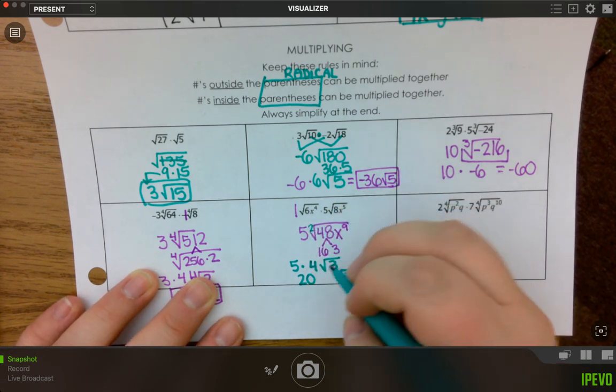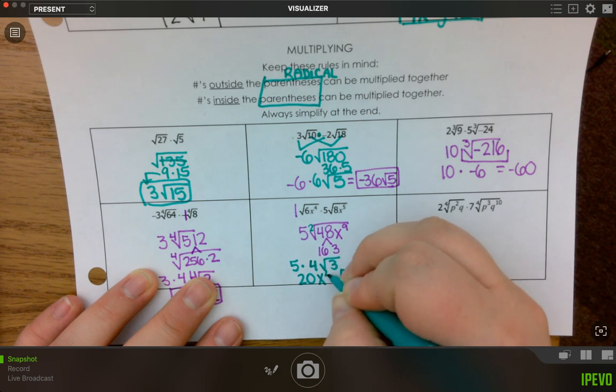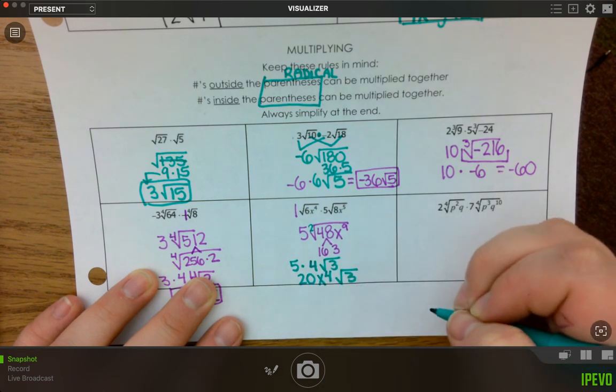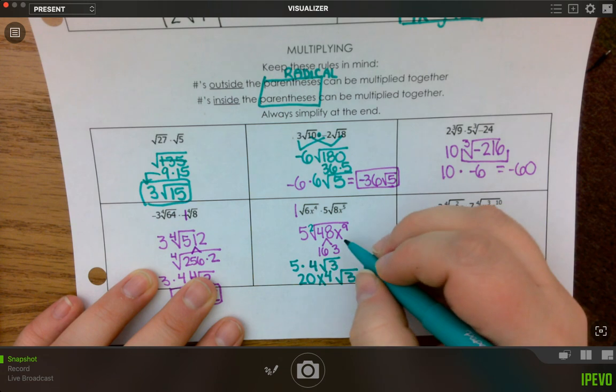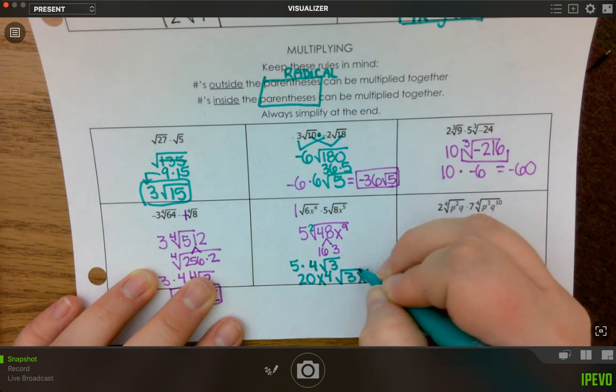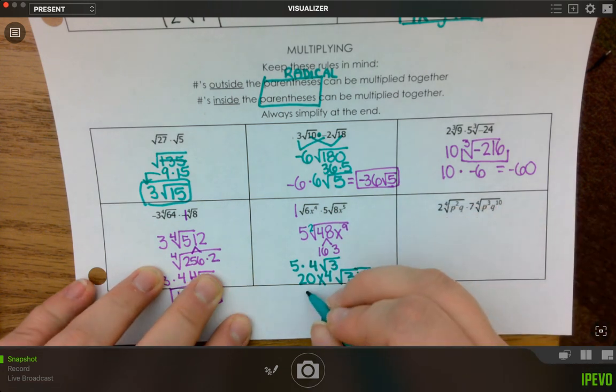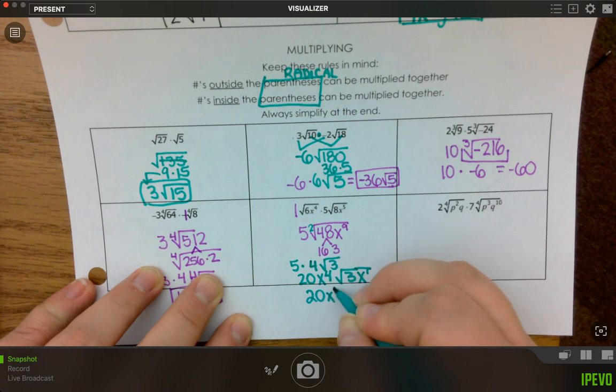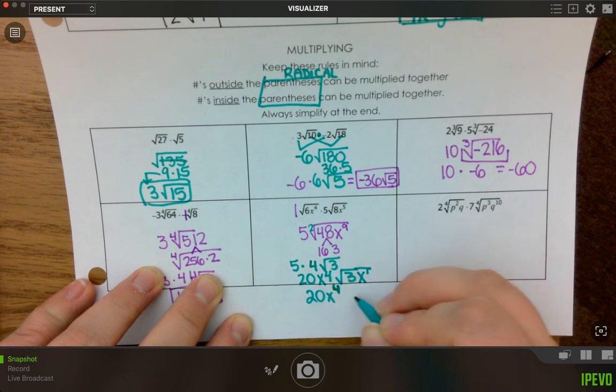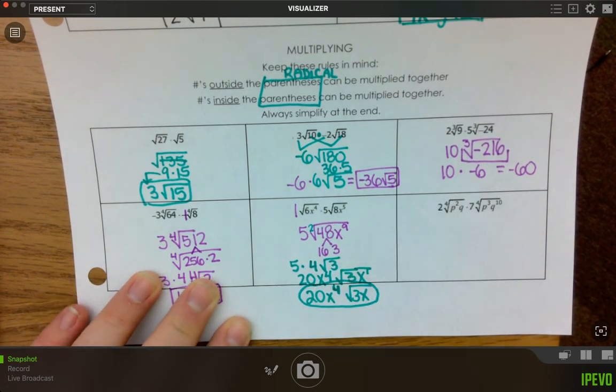That's 4. So x to the 4th comes outside. And there's a leftover of 1, so x to the 1st has to stay inside. Or 20x to the 4th square root of 3x. And there you have it.